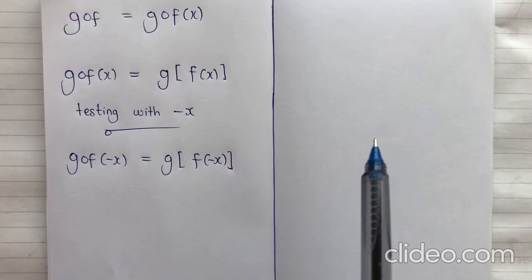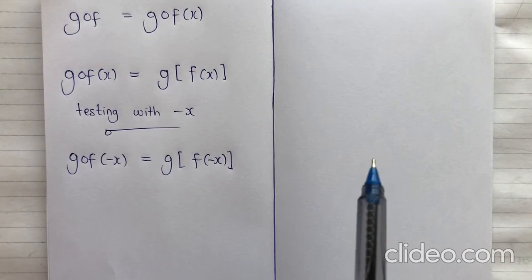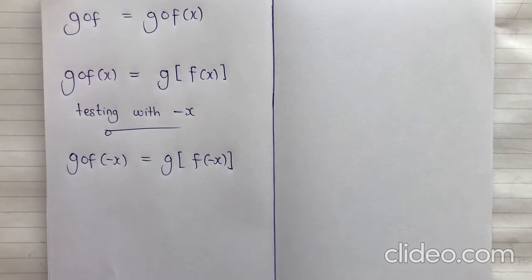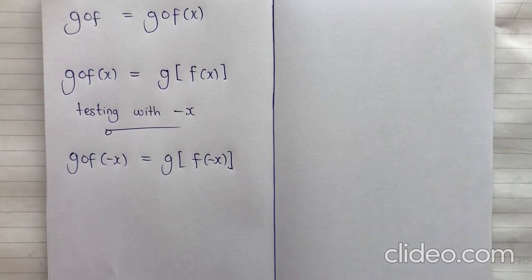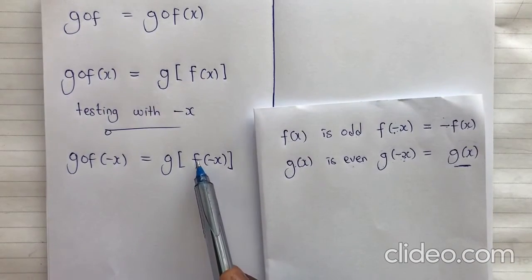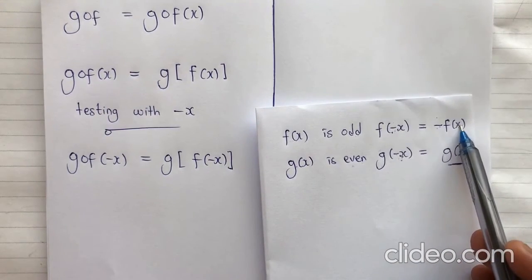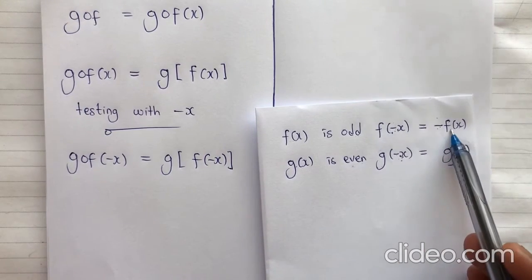Now, listen to me and get this once and for all. This will generate an even function, and the way I am going to do it, if you don't get it, you will always get confused. Now, let's go back to our rule and see what will happen. When you look at this, what is f of negative x? It is negative f of x, because when we test with a negative x, this is the result.